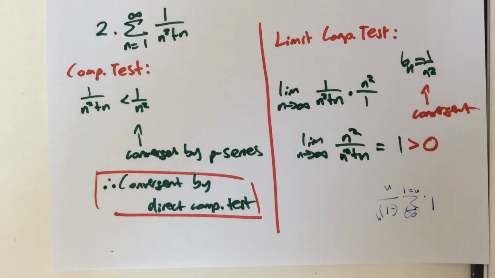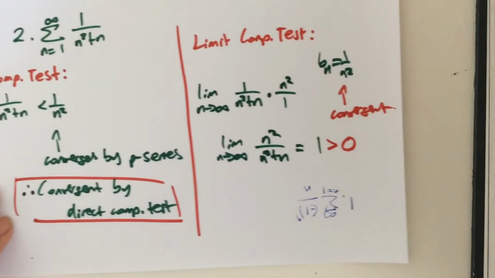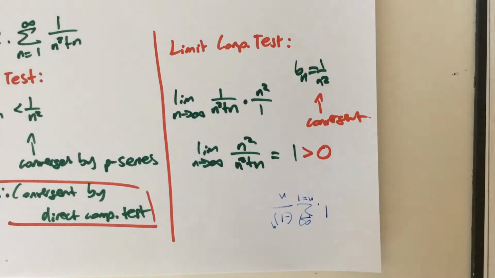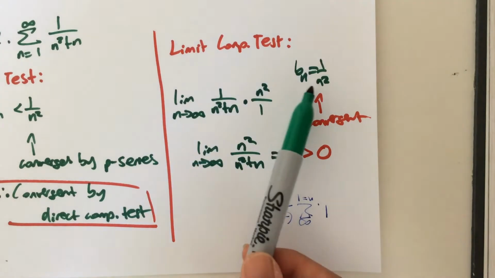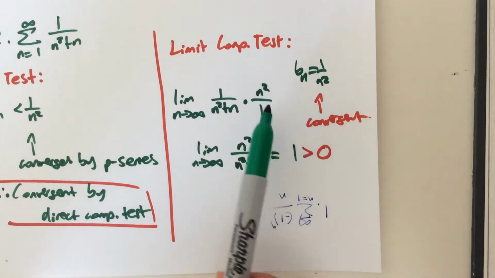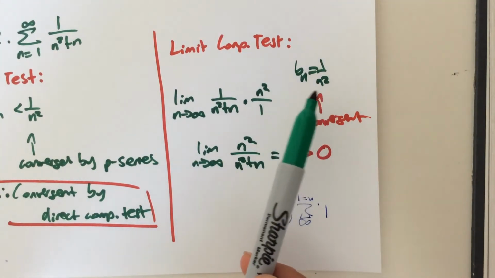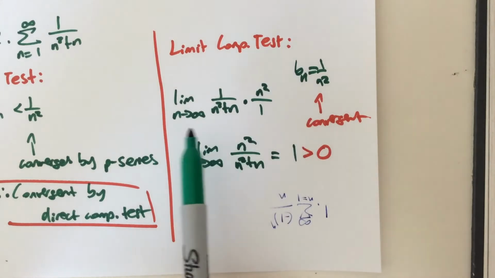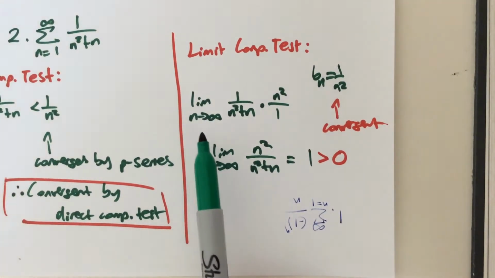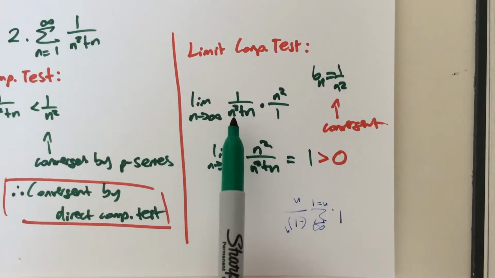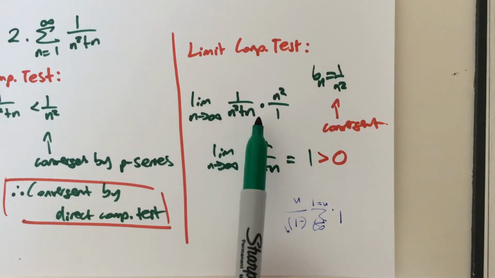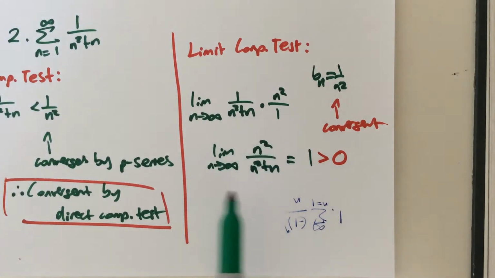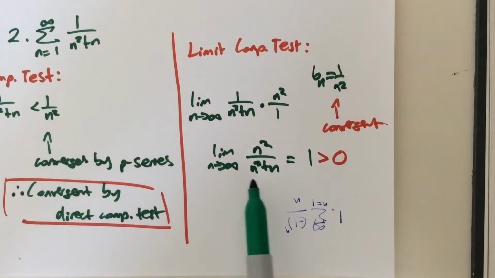So because this is convergent and this is smaller, then that means by the direct comparison test, the series must be convergent. A similar strategy is to use the limit comparison test, where you make b sub n equal to 1 over n squared, and we know that's convergent by the p-series. So then, if you do the limit as n goes to infinity of a sub n divided by b sub n, you would get 1.